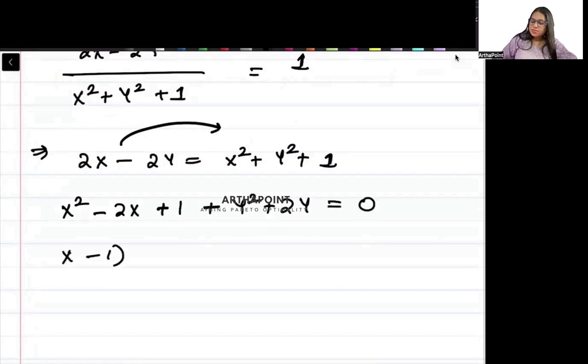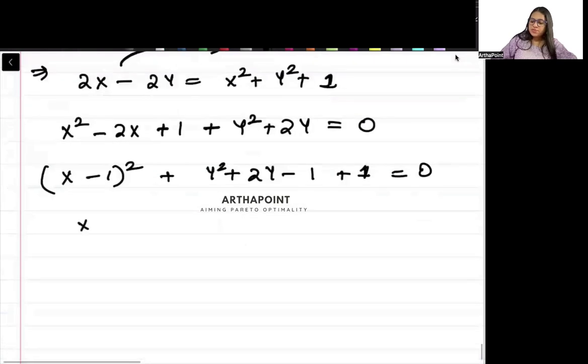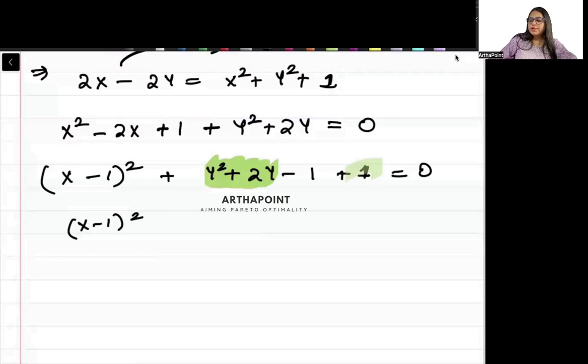So this will be x minus 1 whole square plus y square plus 2y. I will just subtract 1 and add 1 to it, equal to 0. So this will give me x minus 1 whole square, and y square plus 2y plus 1 will be y plus 1 whole square, and this 1 can go on the other side.